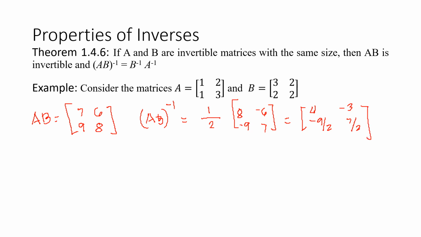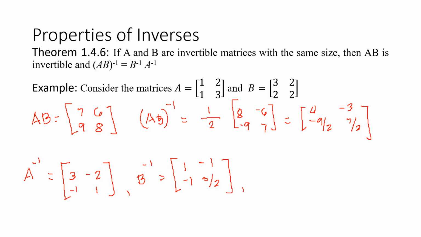Okay, so if you have the inverse of A, following the process, 3, negative 1, negative 1, and then 2, 1, then the inverse of B would be 1, negative 1, negative 1, 3 halves.